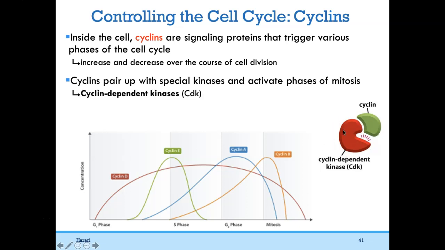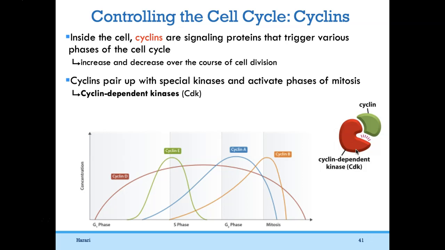These are called CDKs, cyclin-dependent kinases. They're dependent on cyclins. These CDKs are always present in the cell, but only when a certain cyclin is present will this kinase be activated. And when it is activated, it can turn on other proteins in the cell that are required for a certain phase of mitosis.